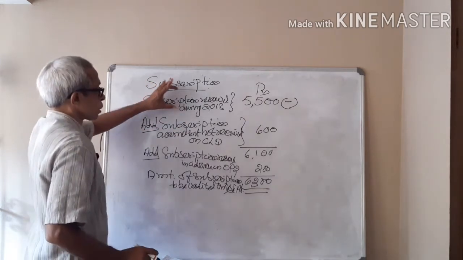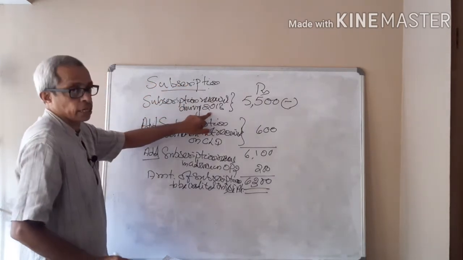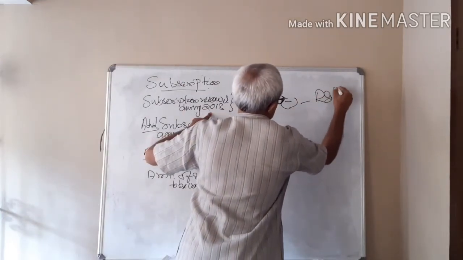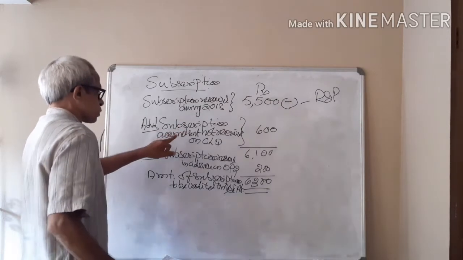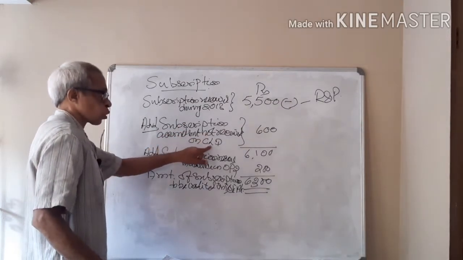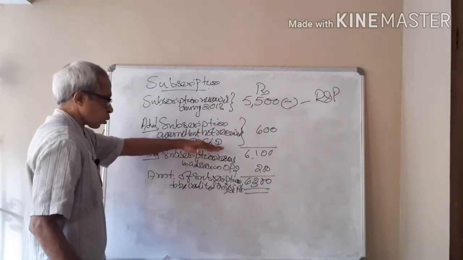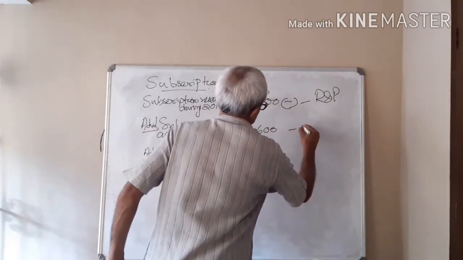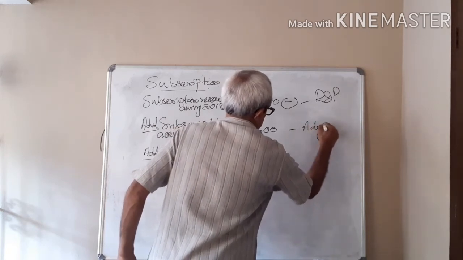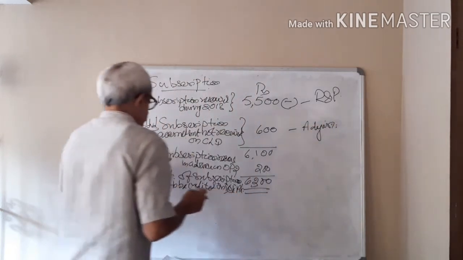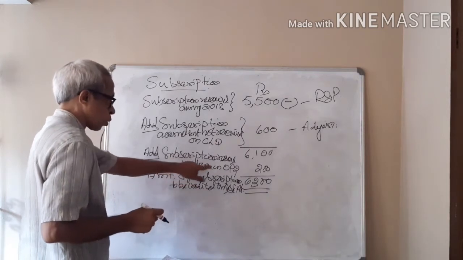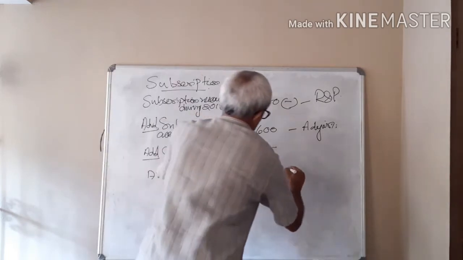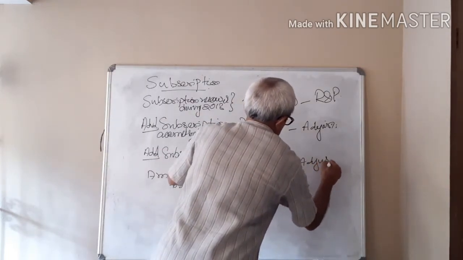So subscription received during 2013 is taken from receipts and payments account, and subscription accrued but not received on closing date, that is the closing date accrual figure of subscription, is taken from adjustments, and subscription received in advance on opening date, that belongs to the current year, is also taken from adjustments.